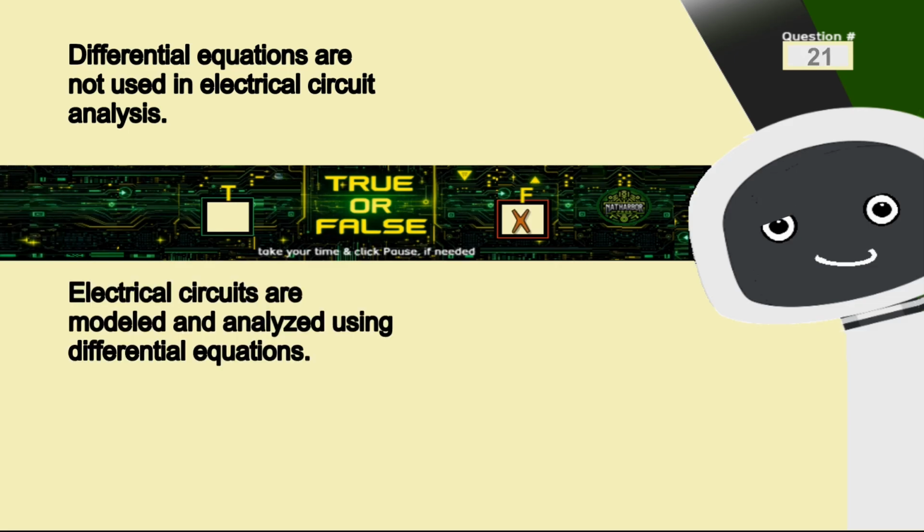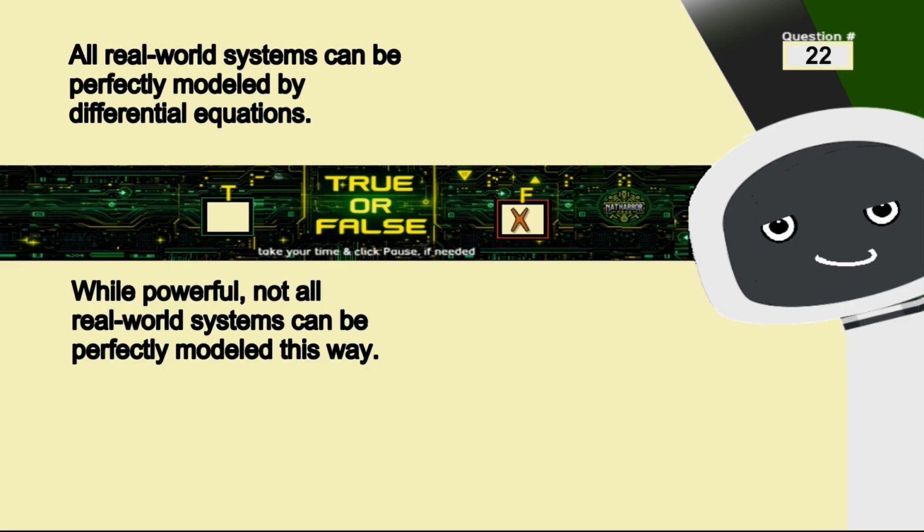That is false. Electrical circuits are modeled and analyzed using differential equations. True or false? All real-world systems can be perfectly modeled by differential equations. That's false. While powerful, not all real-world systems can be perfectly modeled this way. There are exceptions.